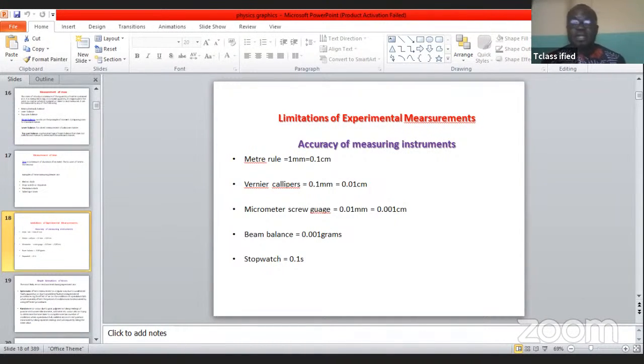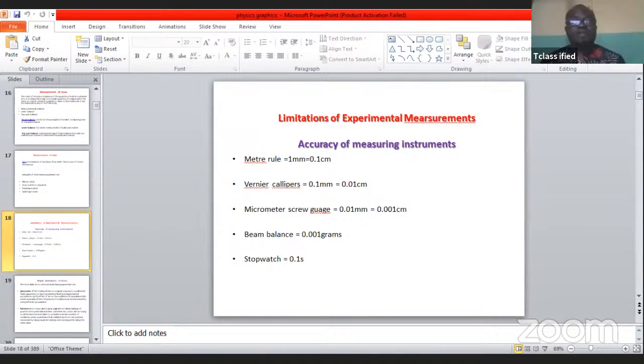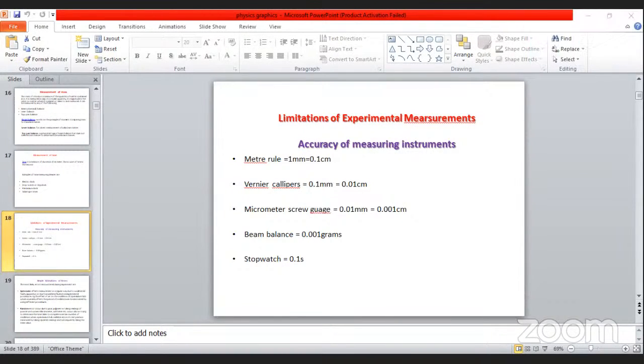So the assignment: define fundamental quantities and give 10 examples of fundamental quantities with their units.